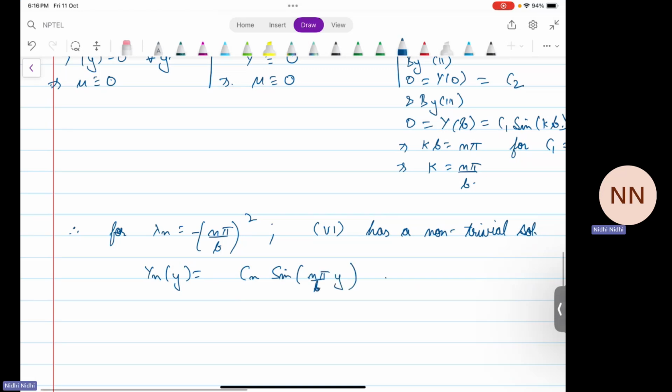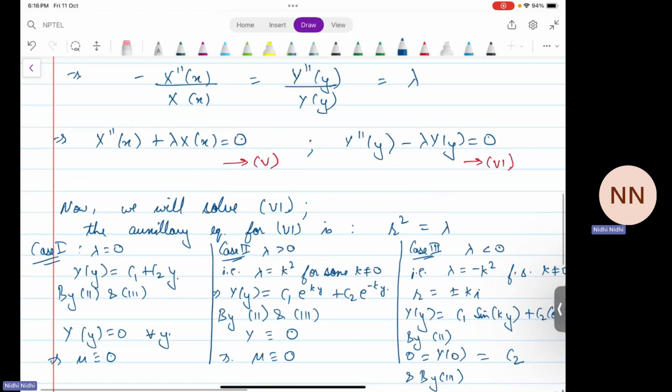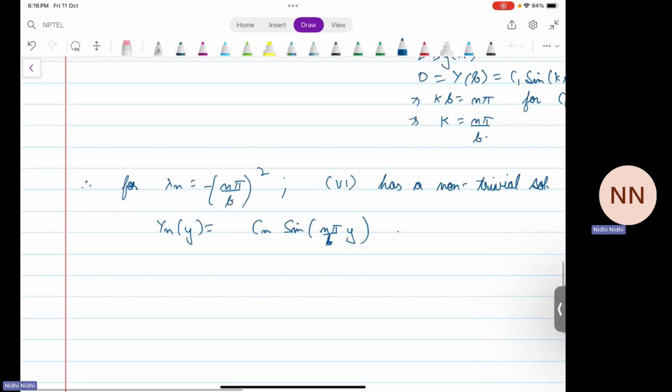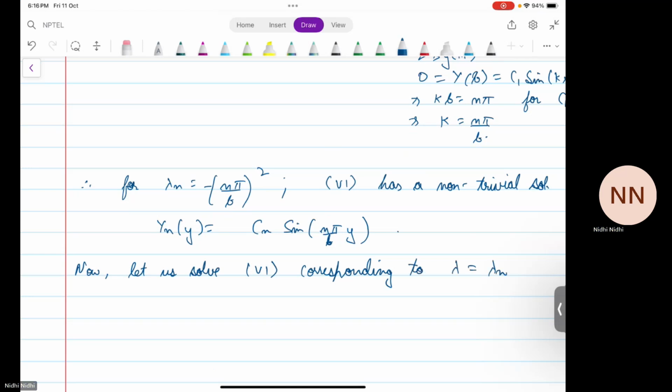Now let us solve equation fifth corresponding to lambda equals lambda n, which is minus n pi by b whole square.